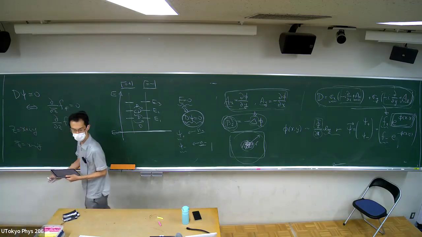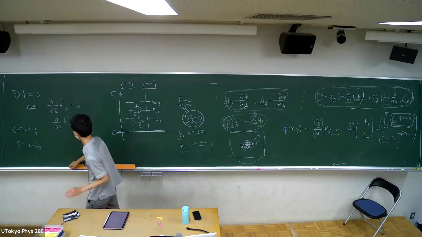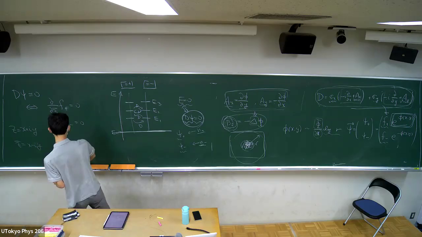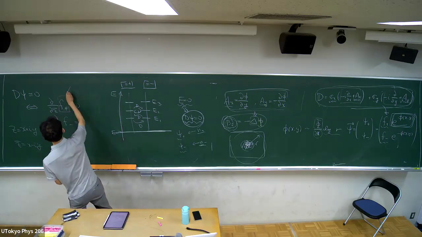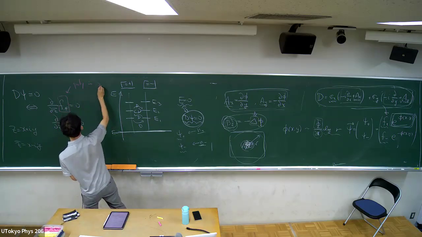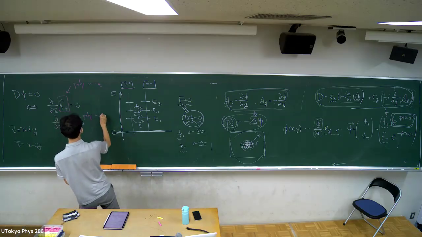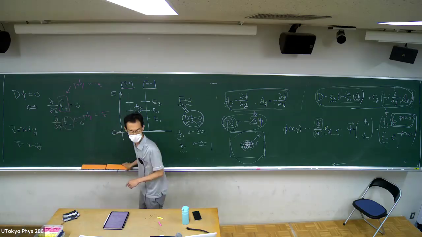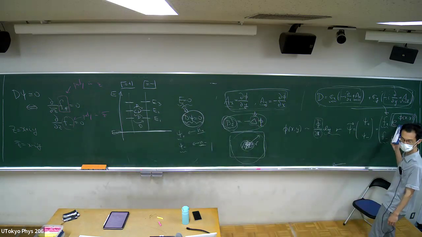So you just introduce a complex coordinate on the xy plane, and the f phi, oops. So f plus is just a polynomial in z, and this is a polynomial in z bar. So that's what you get by extracting this exponential dependence.